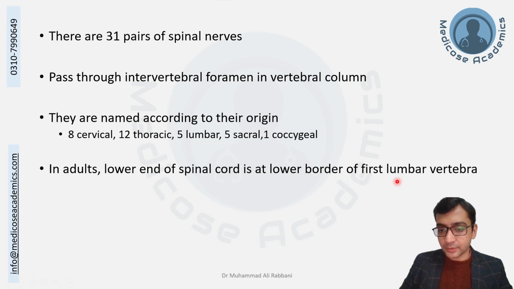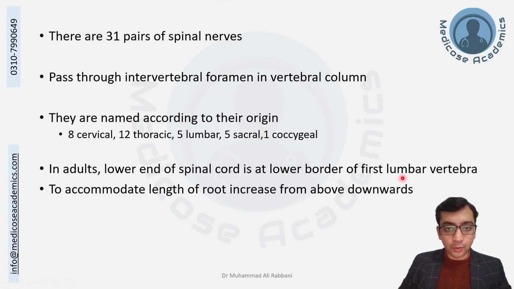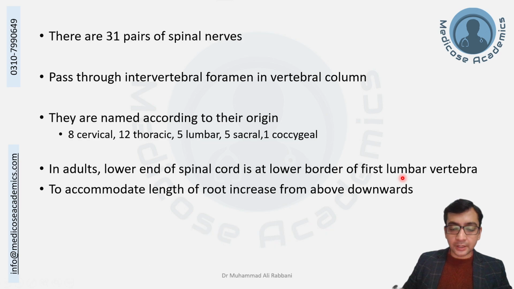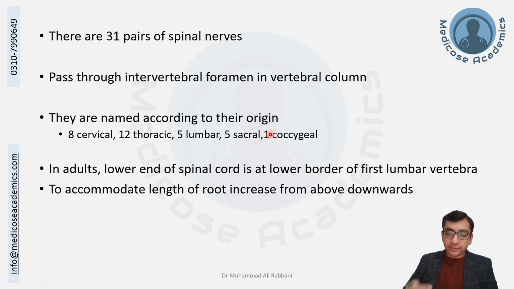This is the figure that you must remember. So what interesting consequence is that to accommodate the difference in size, the sacral nerve and the coccygeal nerve will exit between the coccygeal vertebra.